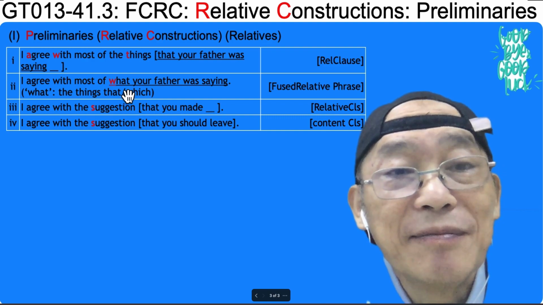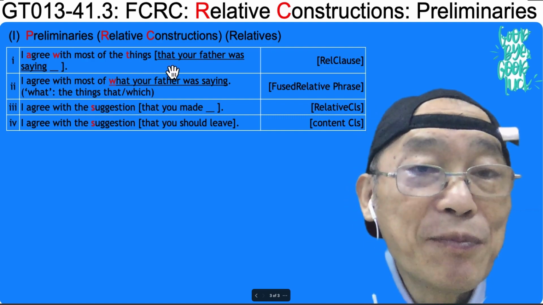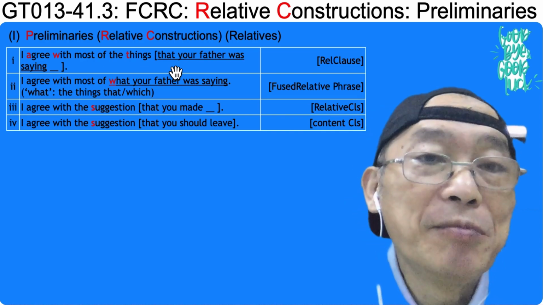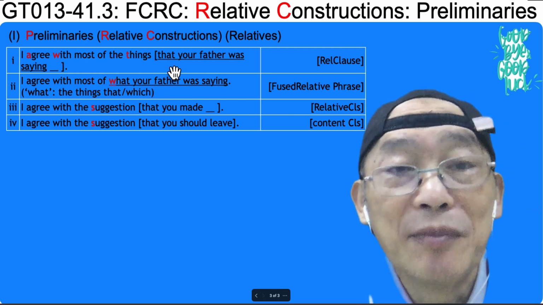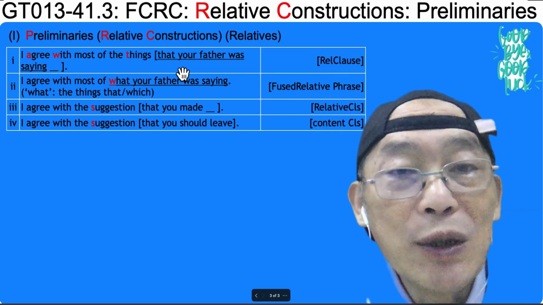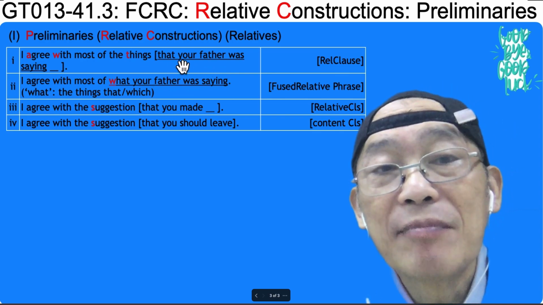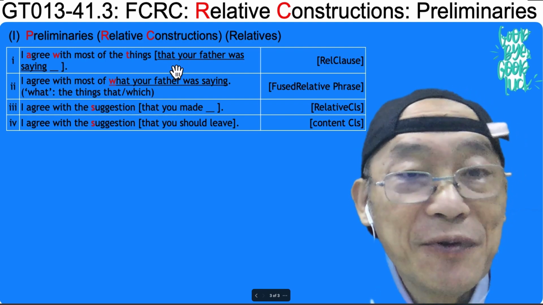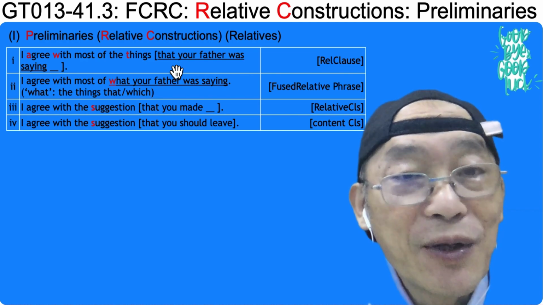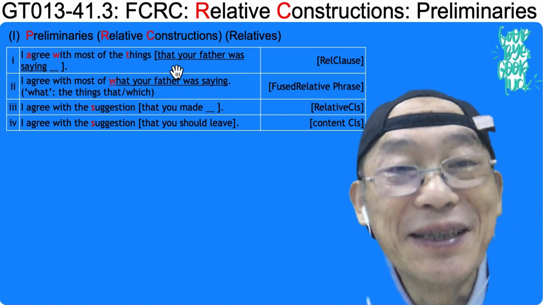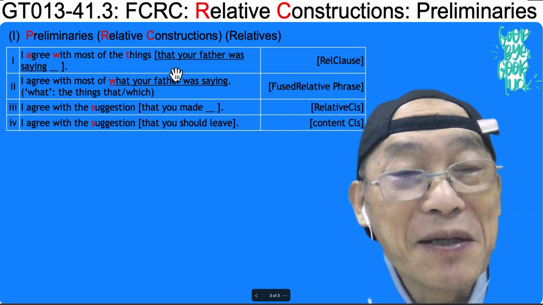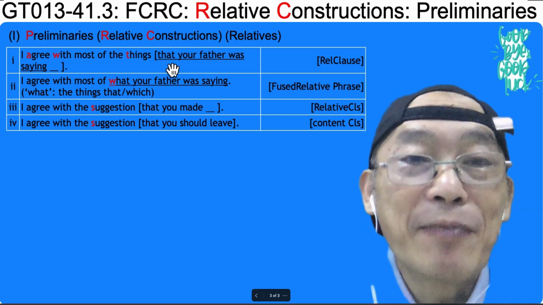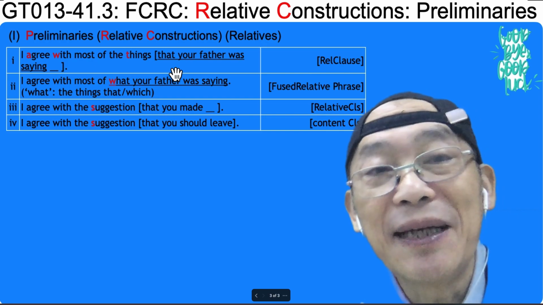If we replace this with which, then that is a WH relative clause: most of the things which your father was saying. If you use which, where's the marker? Which is a marker and it contains meaning. But that doesn't contain any meaning.